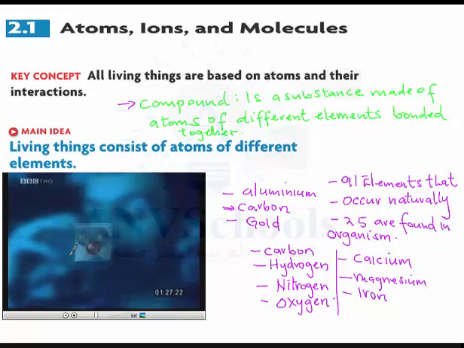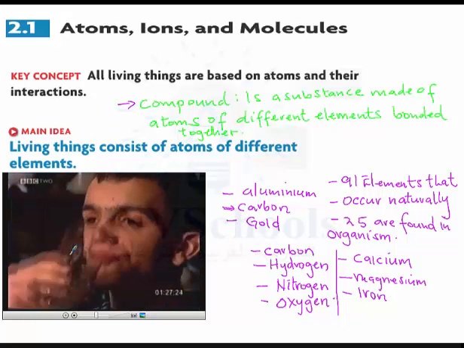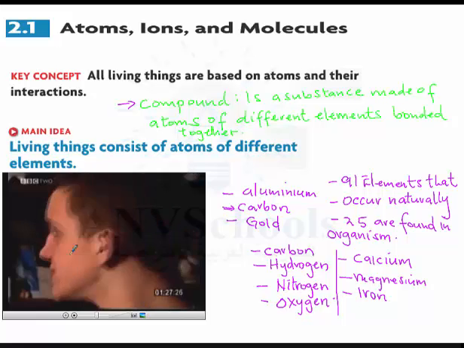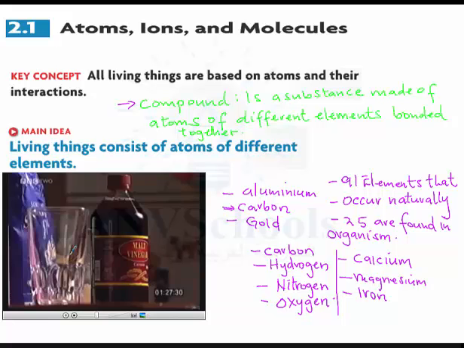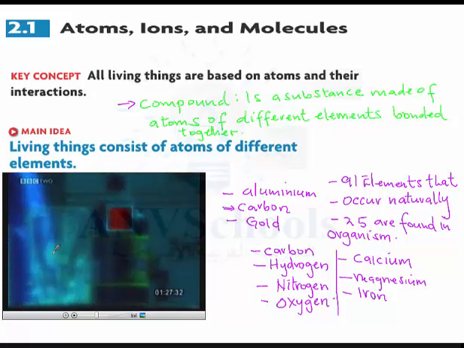So this means that molecules are varied. Some of them are even made of a big number of elements.